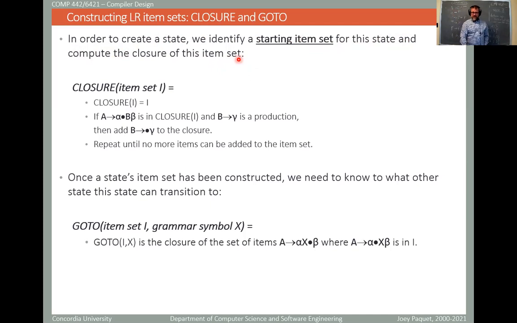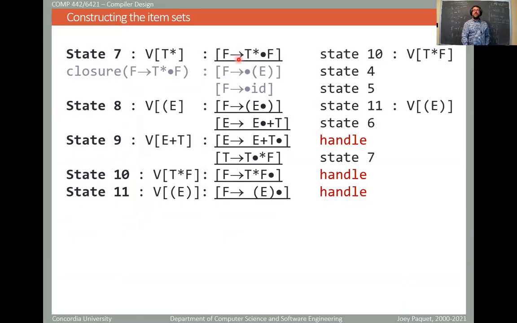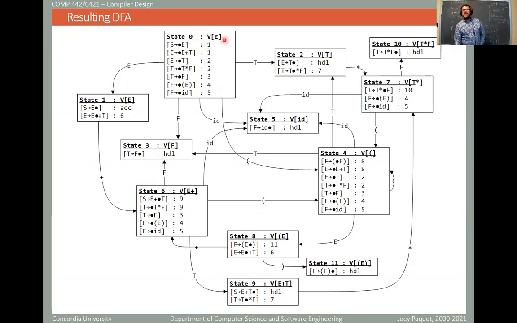Then, okay, let's go back here. So the state 0, you start with the rule that defines the starting symbol. So S gives E. Then, for example, state 1 is the state you go to when you are in state 0 and you go past the E in your items.